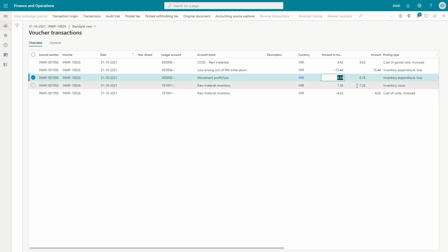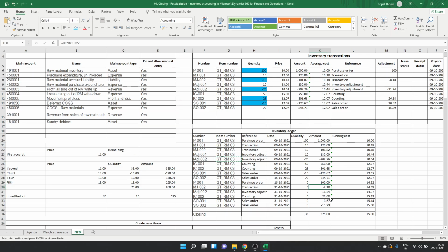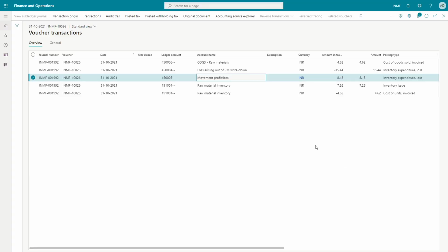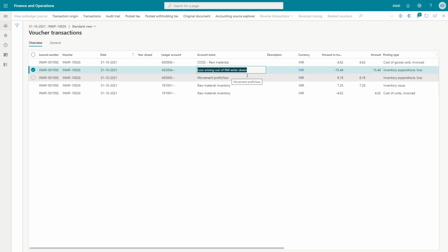This 8.18 is debited to the inventory expenditure loss account, which was selected as the offset account while entering the movement journal. And the other adjustment, this amount 15.44, is coming back into inventory, and the loss arising out of RM write down is getting decreased by 15.44.